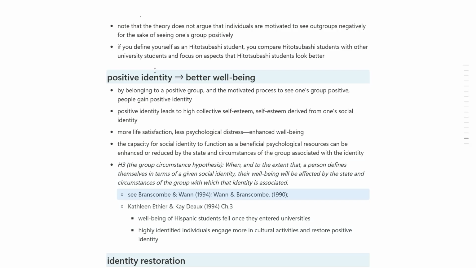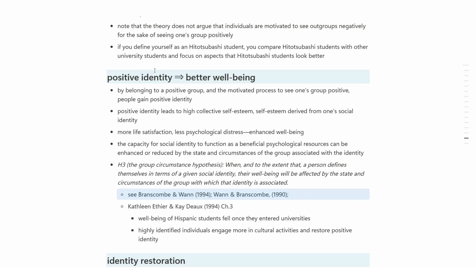And then I think there are examples explained in the textbook, like the research done by Branscombe and Wann, and also Wann and Branscombe. By the way, you might see these two names as identical, and then you might wonder why in the research done in 1993, Branscombe comes first, while in the research done in 1990, Wann comes first.